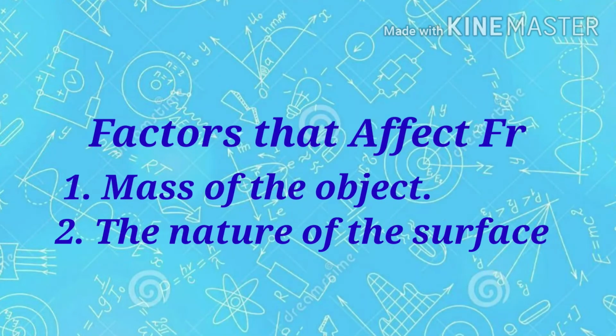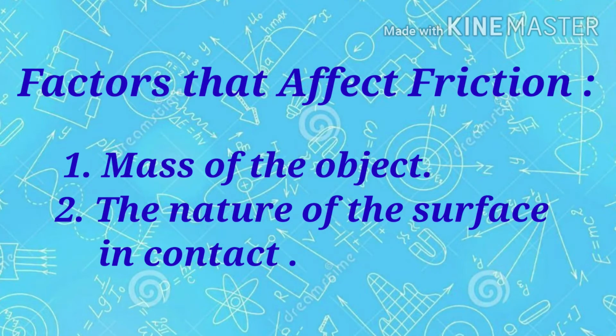Now, let us see the factors that affect friction. Frictional force depends upon the following two main factors. The first one, mass of an object. Second, the nature of the surfaces in contact. The first one, mass of the object: heavier the object, greater will be the frictional force. Lighter object will have less frictional force. Second one, nature of surfaces in contact.